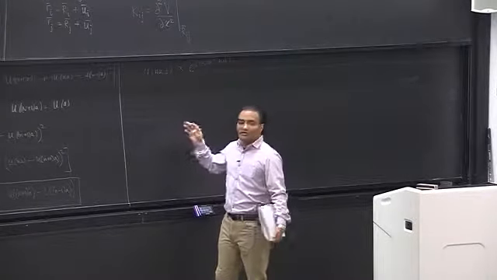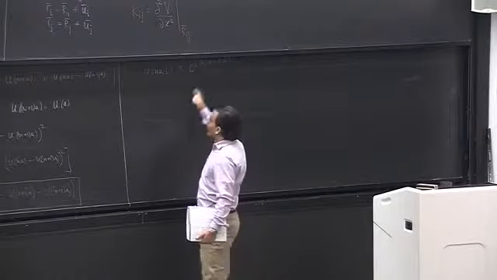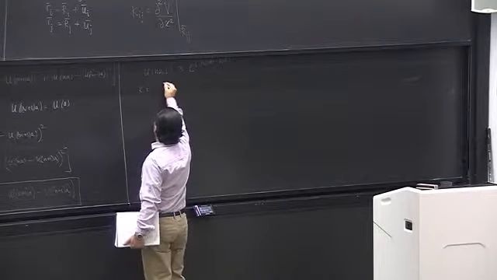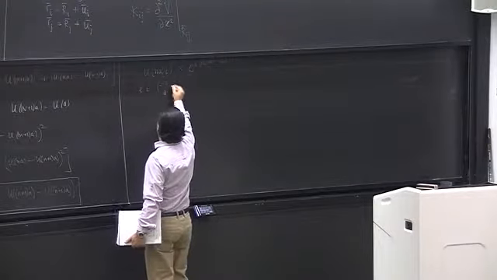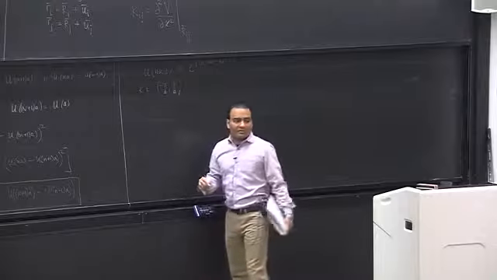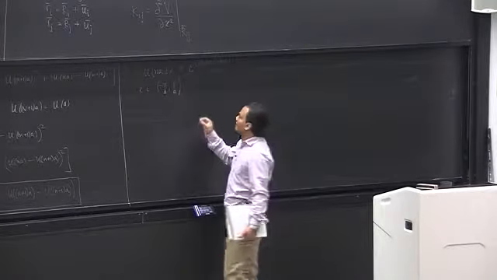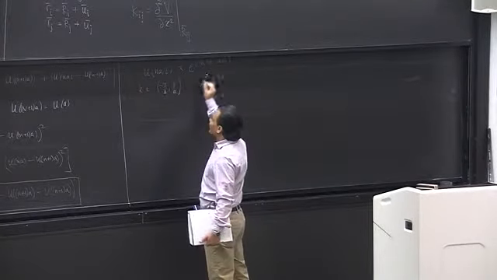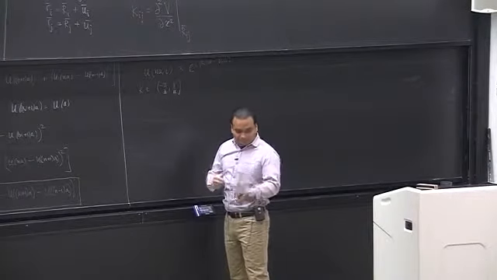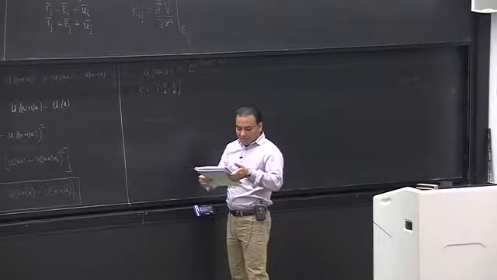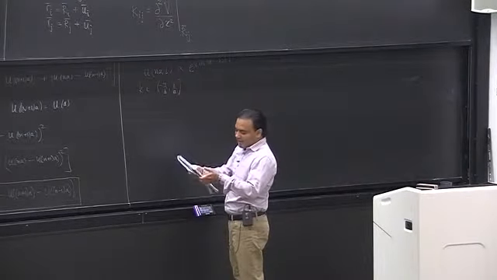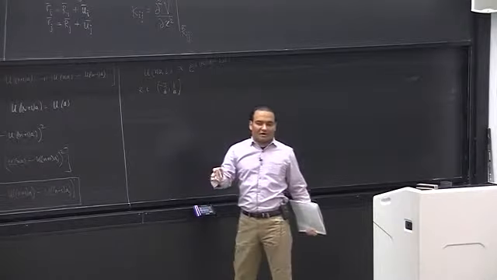So we are going to restrict ourselves to k values within the first Brillouin zone, and we are also going to impose periodic boundary conditions.